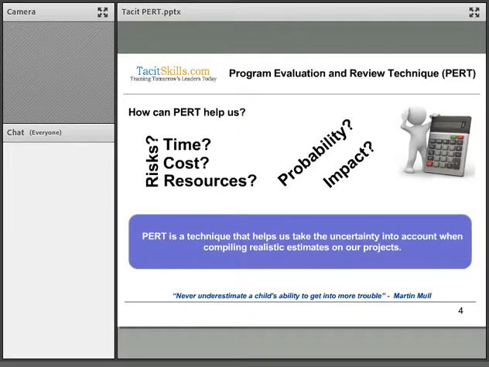The definition of a risk is an uncertain future event that, if it occurs, could have either a negative or a positive impact on one or more of my project objectives. So there is uncertainty. If we look at time, we're estimating our time. If we look at the different durations of activities, there is a fair amount of uncertainty as far as that's concerned. If we look at the total time for a phase or a project as a whole, there is uncertainty as far as that's concerned.